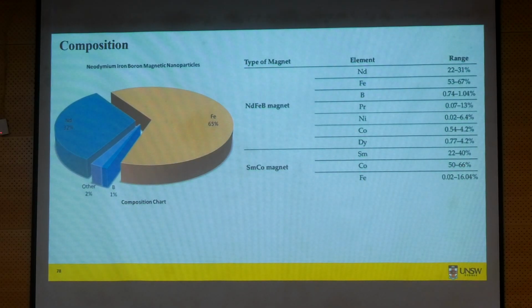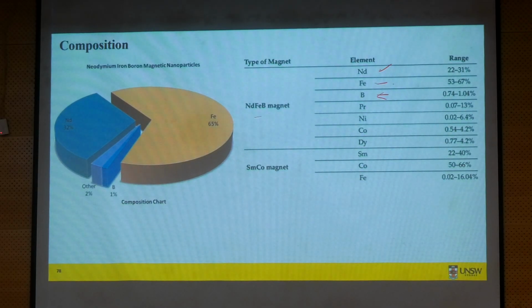Now, what does neodymium iron consist of? What are the materials it consists of, and why do we call it rare earth? It's not just neodymium; it also has other materials. About 22 to 31% is neodymium. It also has iron, as the name suggests, NdFeB, so iron, and a small amount of boron.